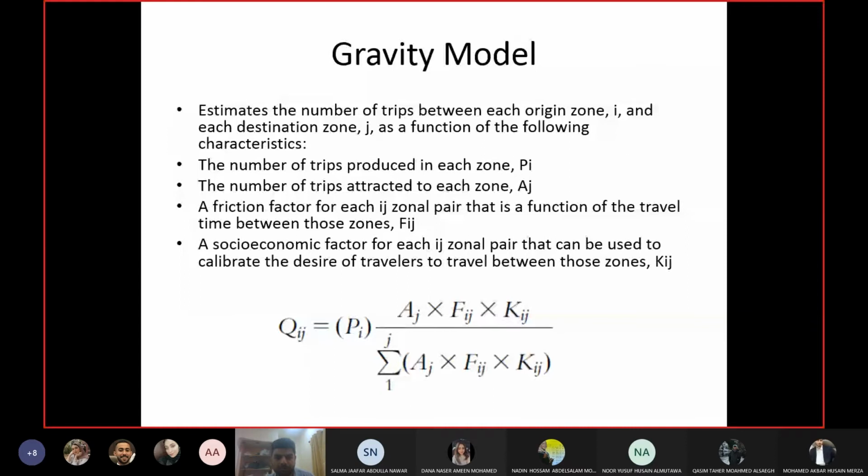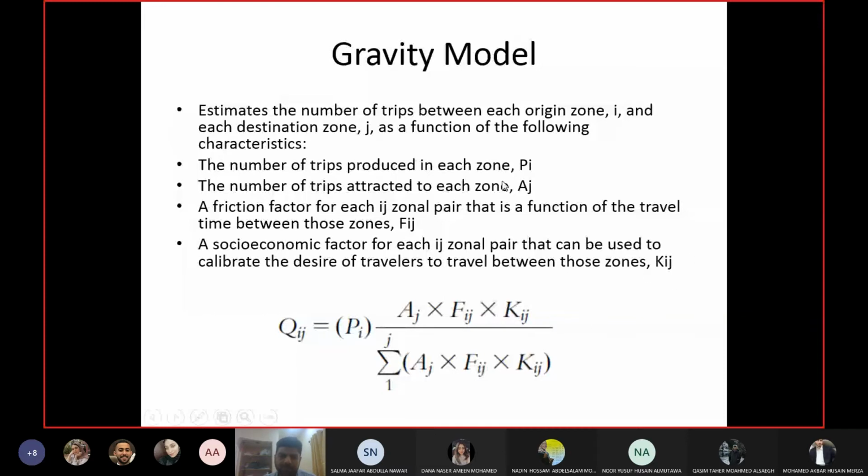Bahrainis want to buy something which is available in the other areas, so they go there. So it may have something to do with your buying habits, with your income level, and so forth. On the basis of that, you calculate a socio-economic factor as well, which is Kij.